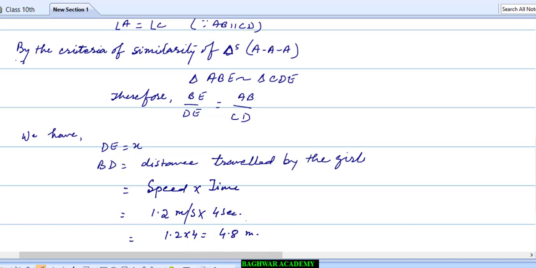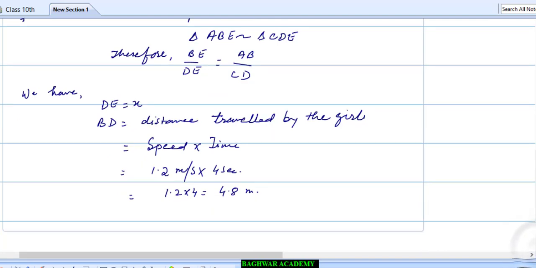So BD we have got 4.8 meter. Now we need to put the values over here. BE will be BD plus DE.